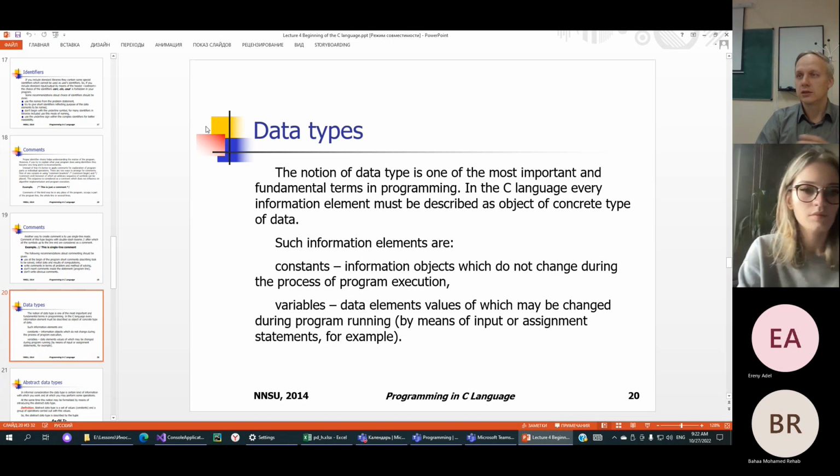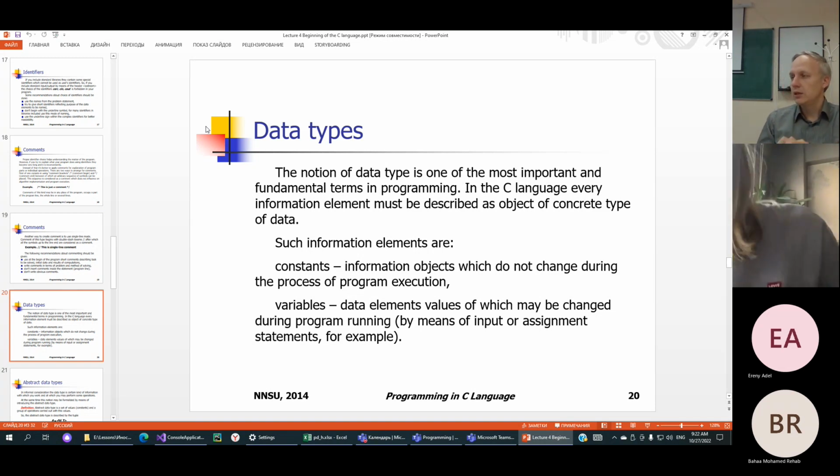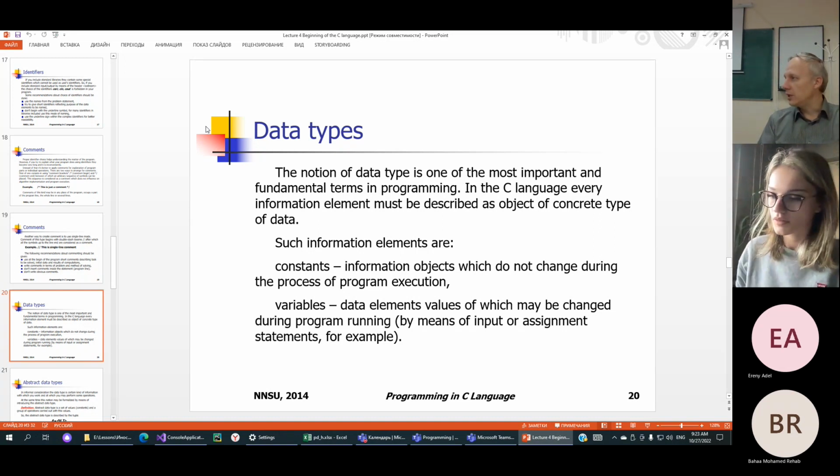And in C and C++, any information object must be declared with a concrete data type.